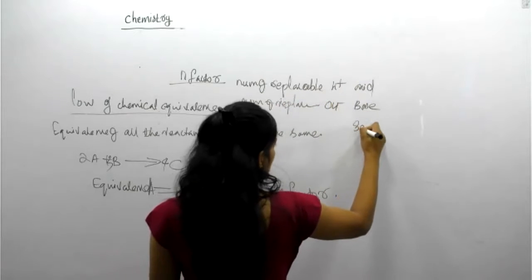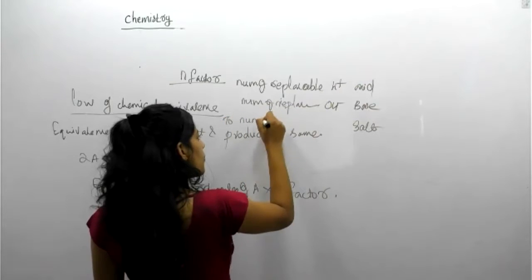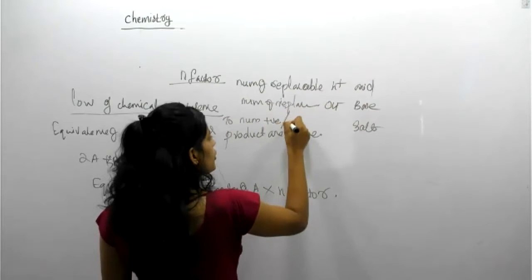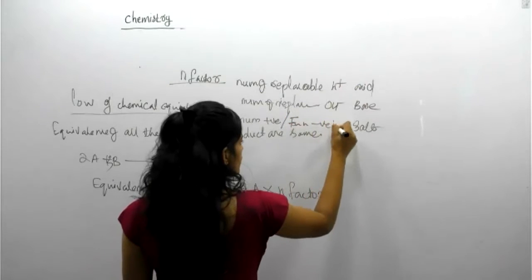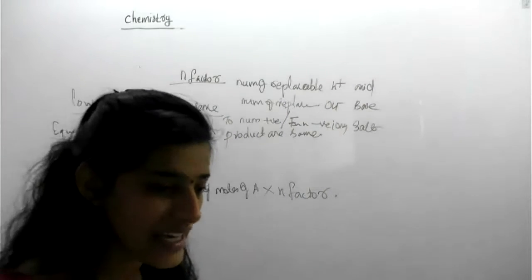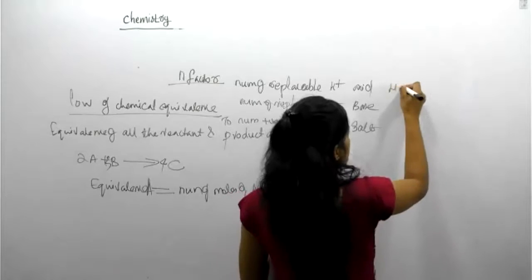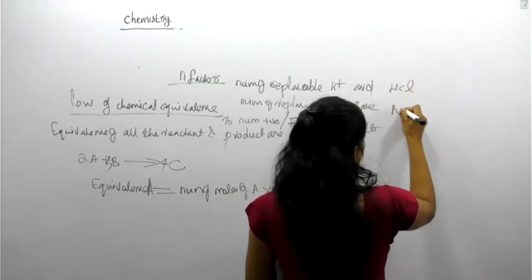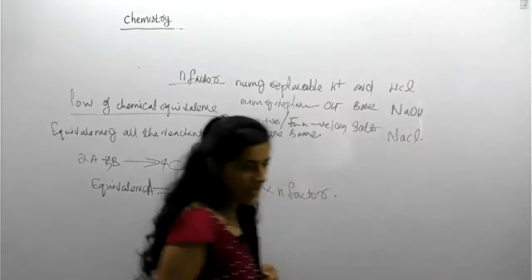In the case of a salt, it is the total number of positive ions or total number of negative ions. Examples are HCl, NaOH, NaCl.